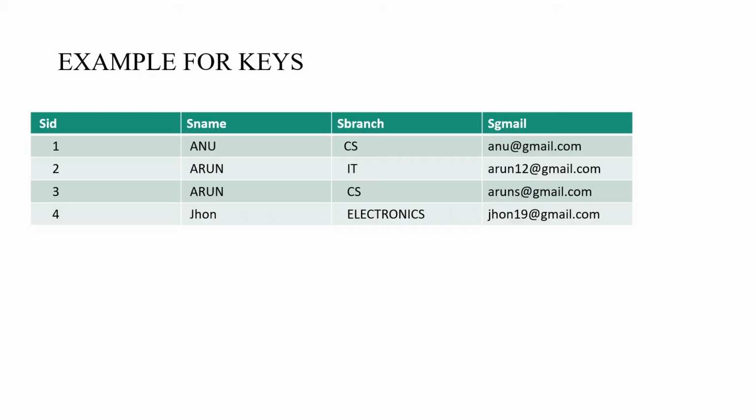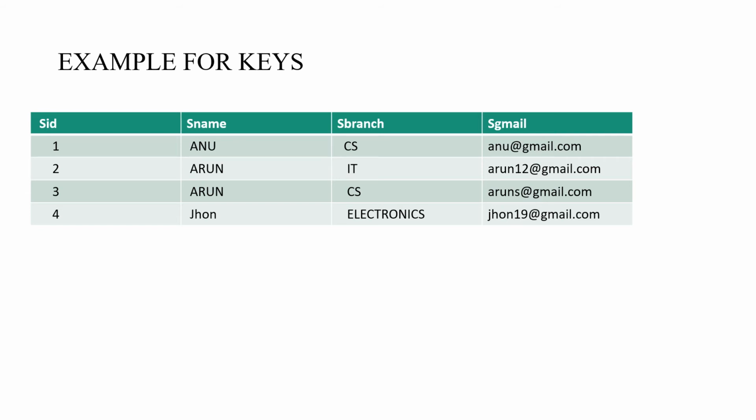Here I consider another example. This is a student table. It contains 4 attributes. What are the attributes in it? SID, student ID, S name, student name, S branch, student branch, S Gmail. So SID, S name, S branch, S Gmail. 4 attributes are here.